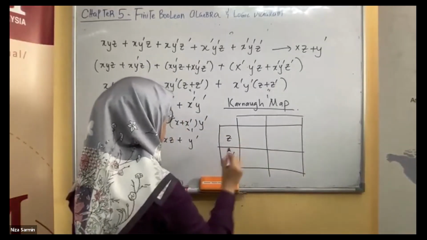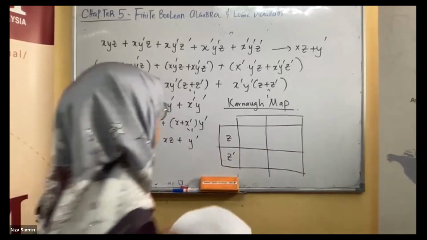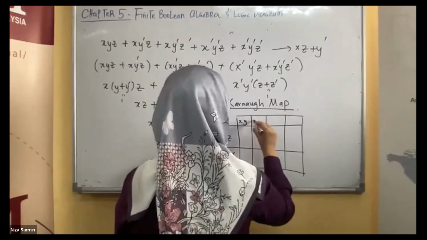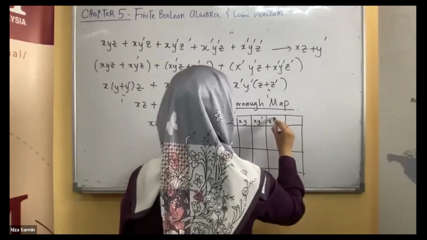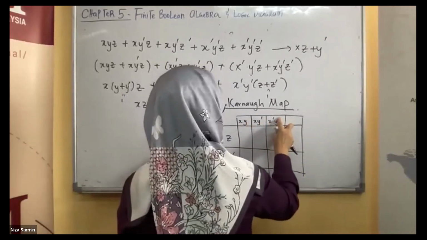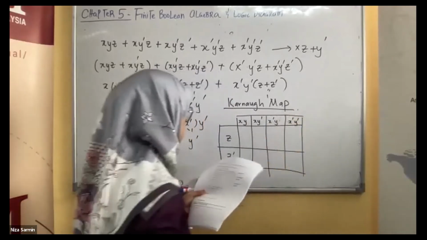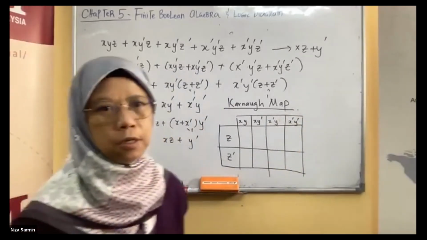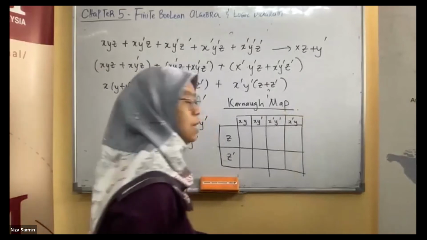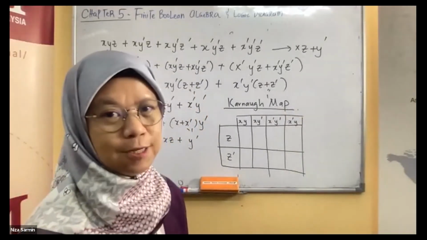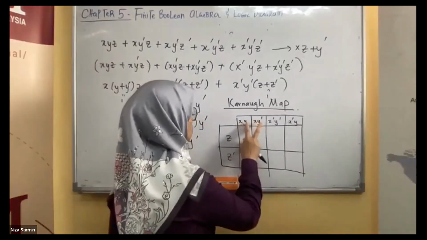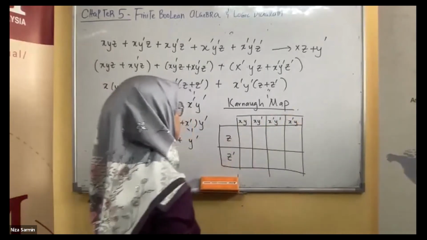For xy, normally we put xy, xy prime, x prime y, x prime y prime. Sometimes it changes. Let me just follow the book. It doesn't matter actually, but be consistent.